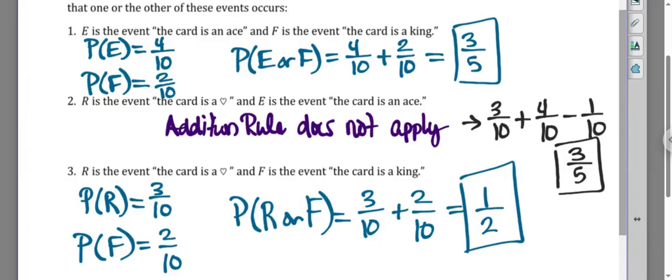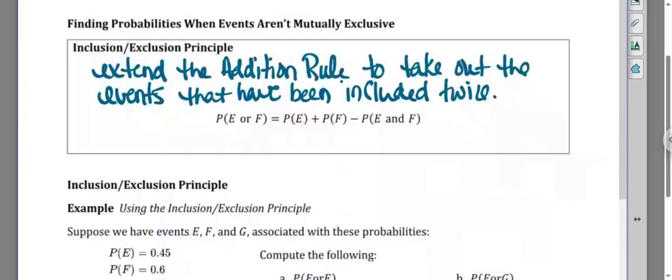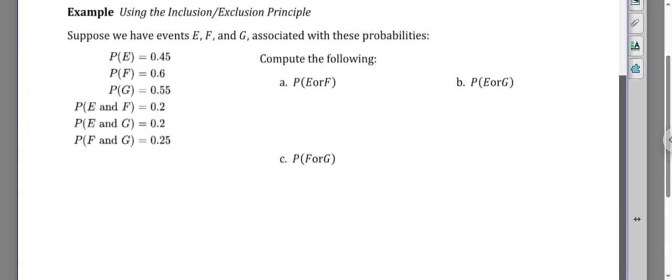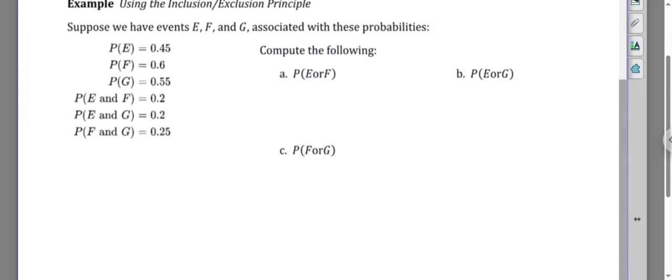Okay. So looking at these, they've given you the probabilities. They've given you the overlapping. So we're still going to calculate the probability of E plus the probability of F. But we're going to subtract the ones that are counted in E and F twice.